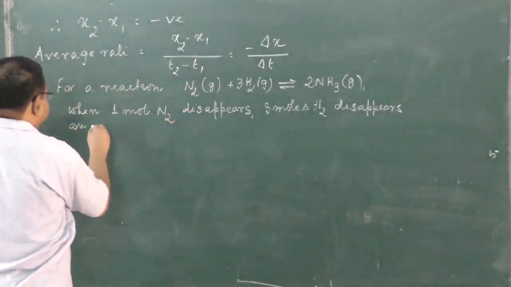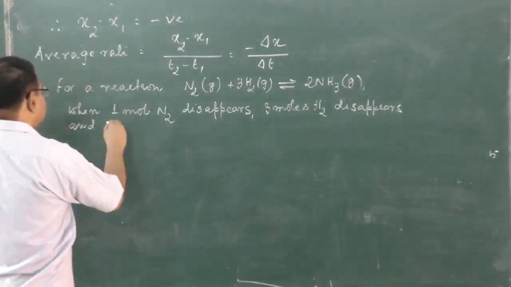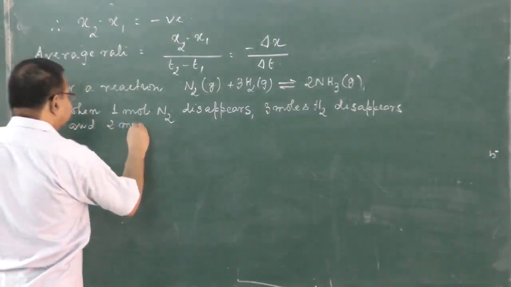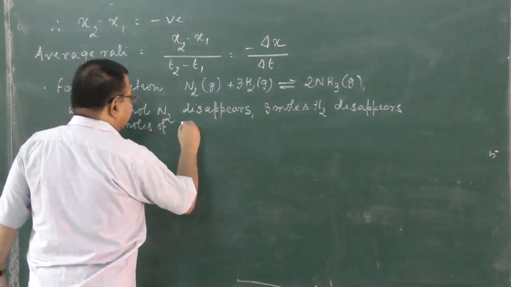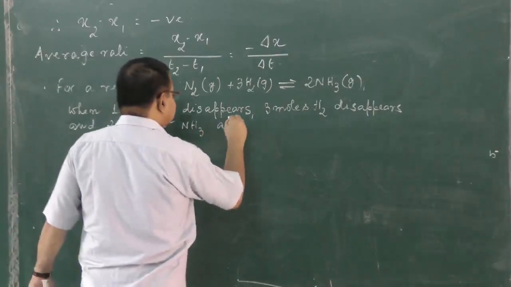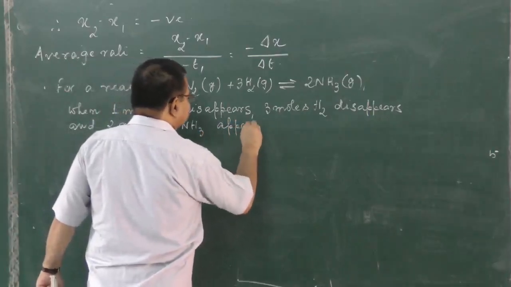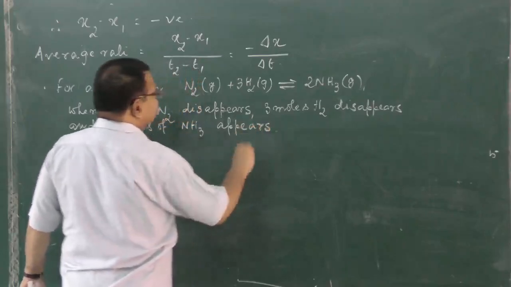And what product is forming? 2 moles of ammonia appear in the reaction mixture.